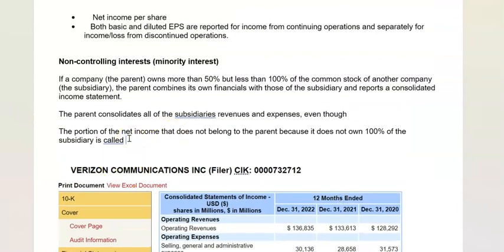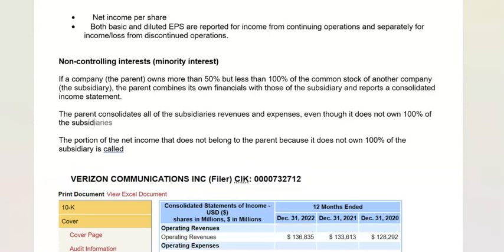Let's say we own 60% of our subsidiary, but we've consolidated 100% of their revenues and 100% of their expenses. The parent consolidates all of the revenues and expenses even though it does not own 100% of the subsidiary.